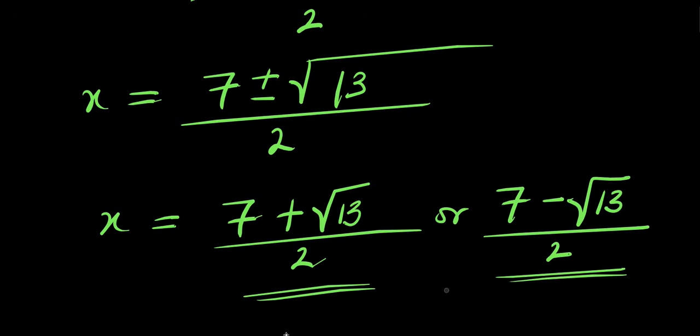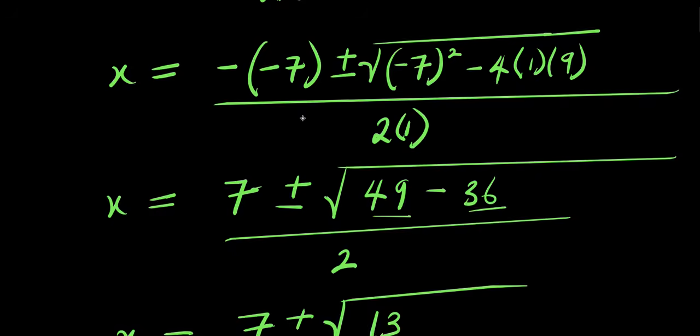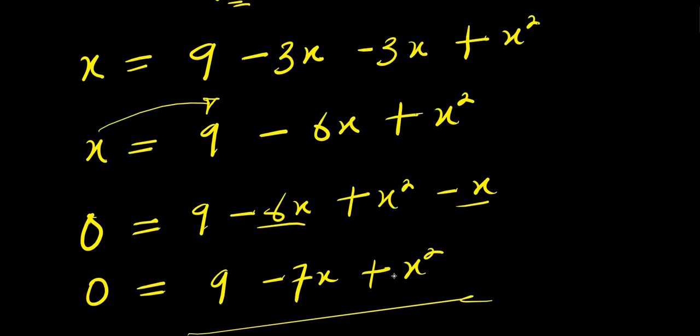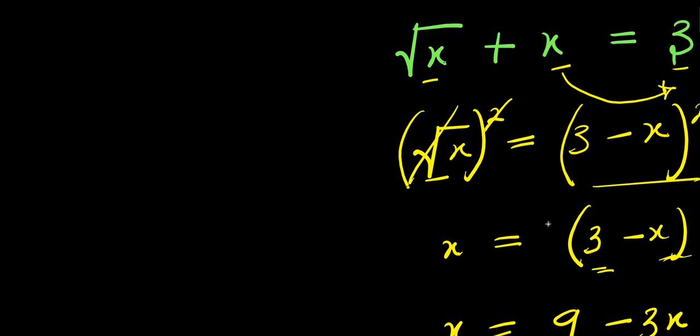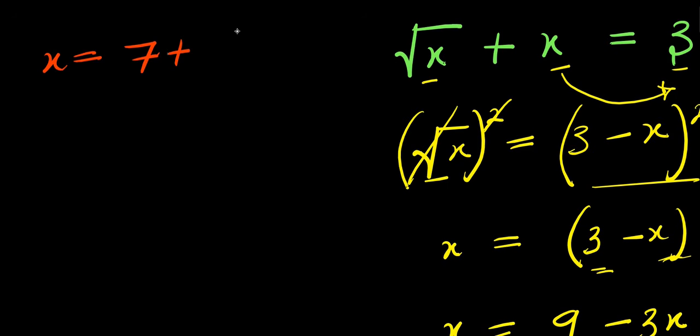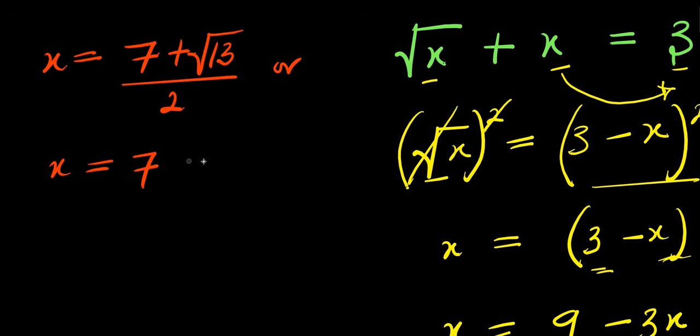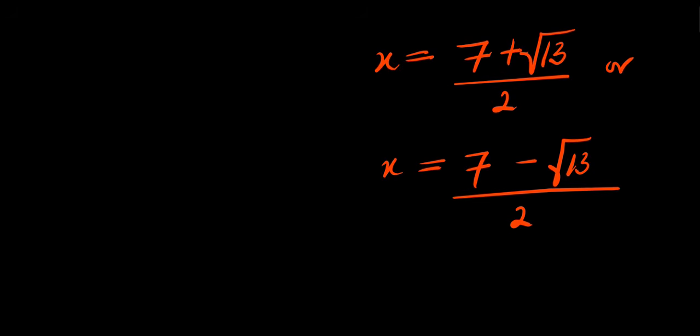Now these are the two values for x. Let's go ahead and check which of them will satisfy the equation. We have x equals 7 plus root 13 divided by 2, or x equals 7 minus root 13 divided by 2. And the question remains root x plus x equals 3.